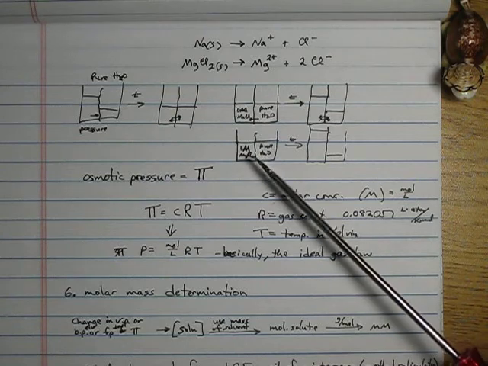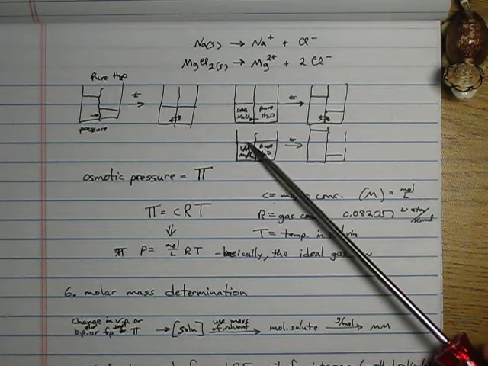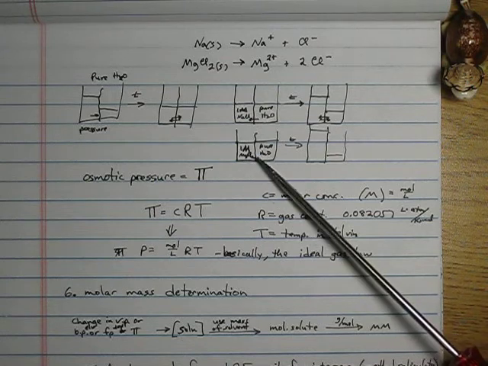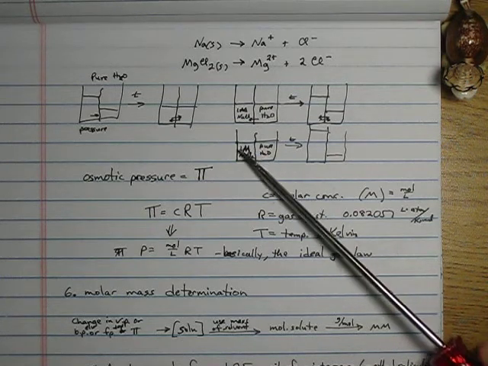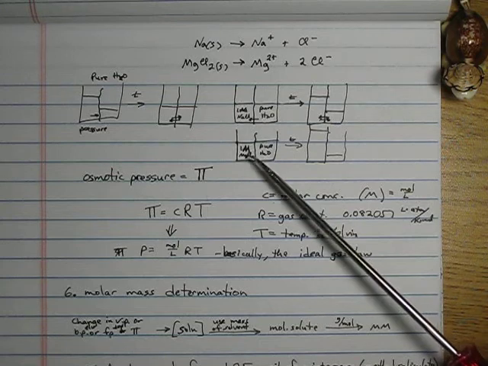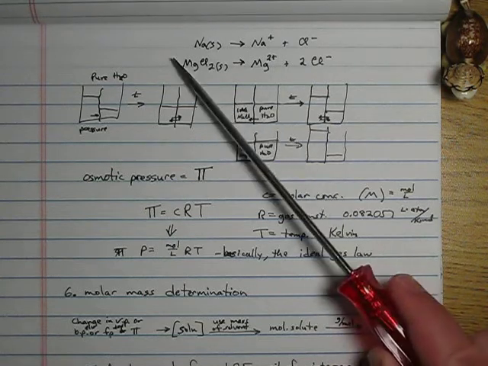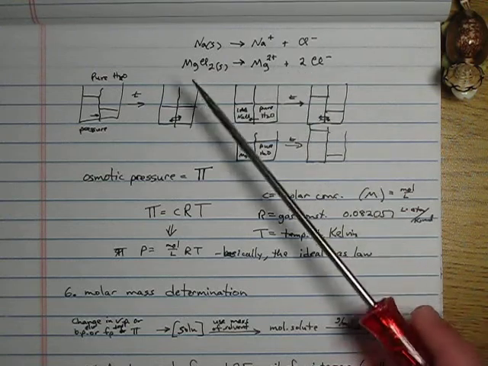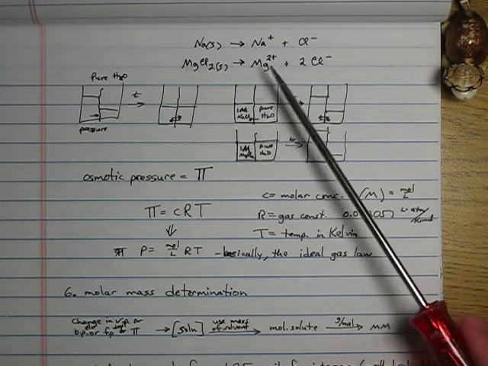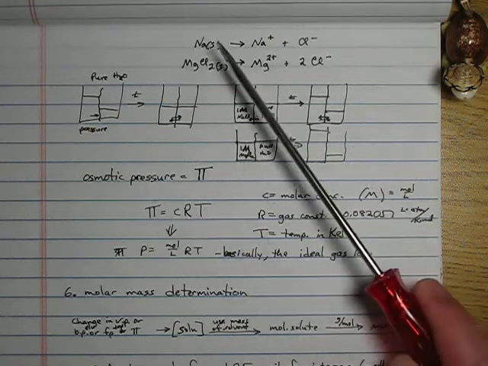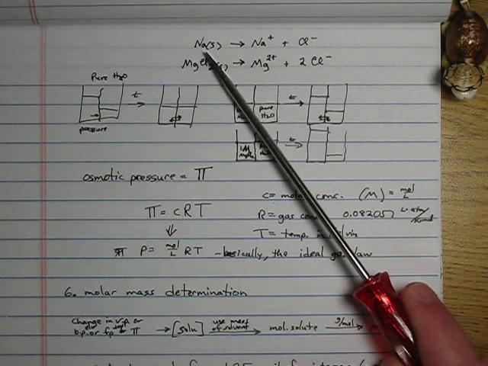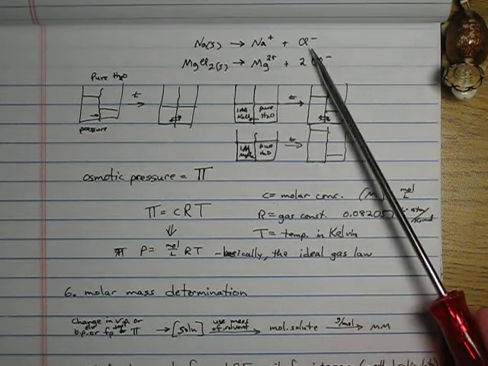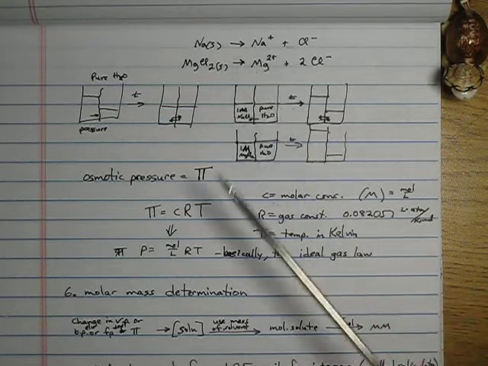What this means is 1 molar magnesium chloride is actually 3 molar in terms of particles. There are 3 moles of particles per 1 molar magnesium chloride. 1 mole of magnesium chloride breaks up into 3 particles. Therefore, 1 molar magnesium chloride is 3 molar in particles. 1 molar sodium chloride is 2 molar in particles.